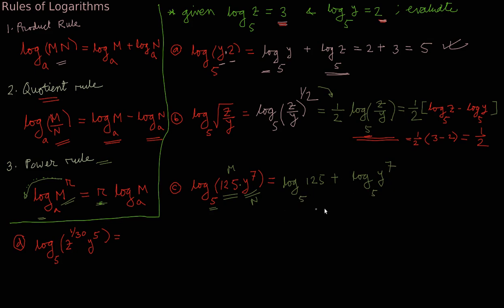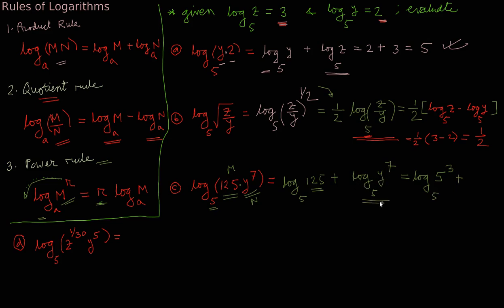Okay, so let's see what I can simplify. First of all, what can I write here? 125. So logarithm 125, I can write it as 5 cube, and of course base 5 is base 5, plus logarithm y power 7.